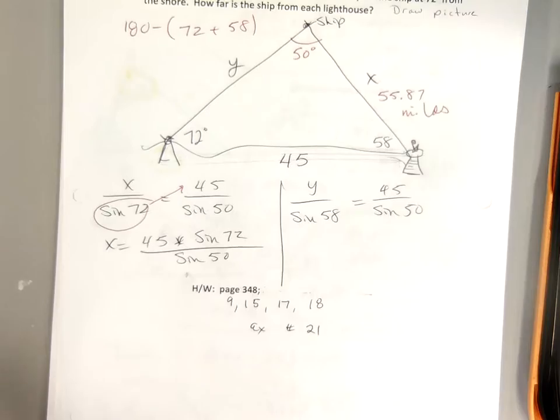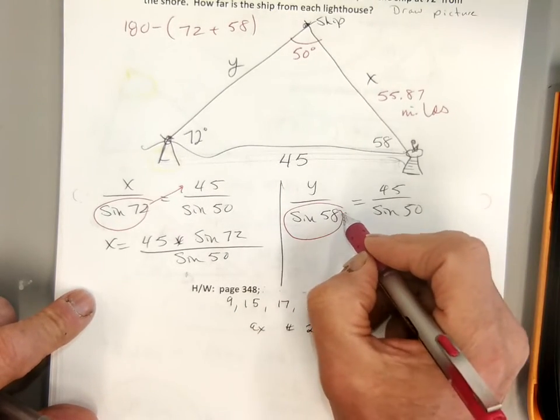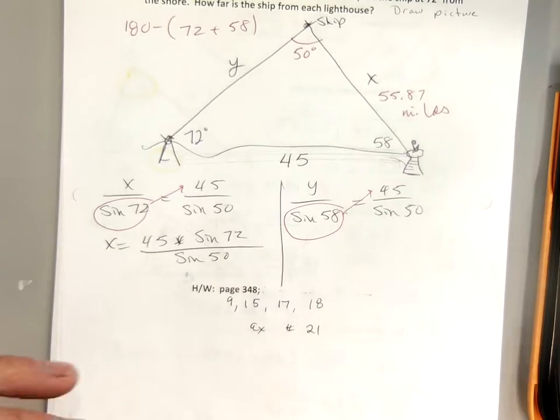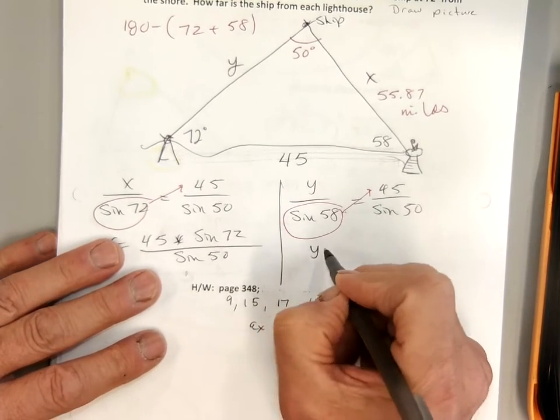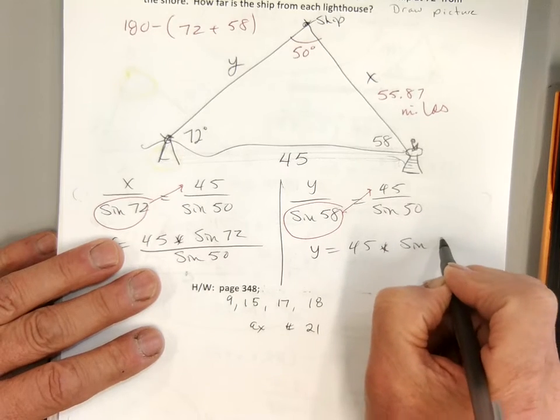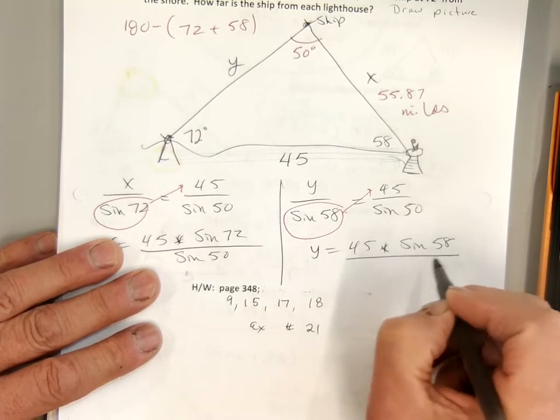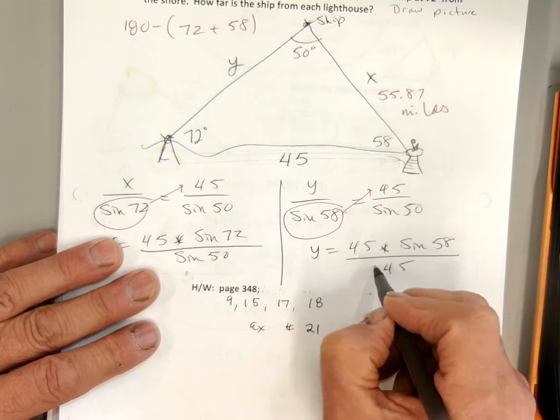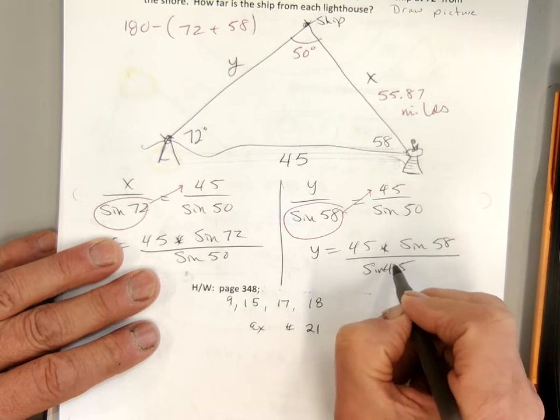And again, I'm going to multiply the sine of 58 up here to solve for Y. I will have Y equals 45 times the sine of 58 over, oh no, over sine of 50. My bad.